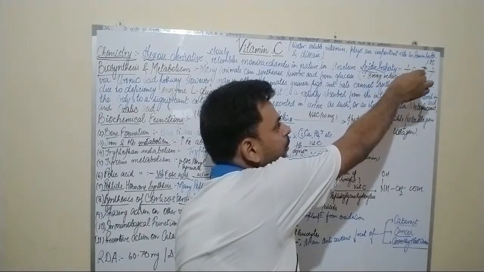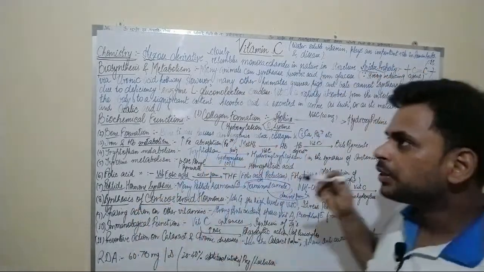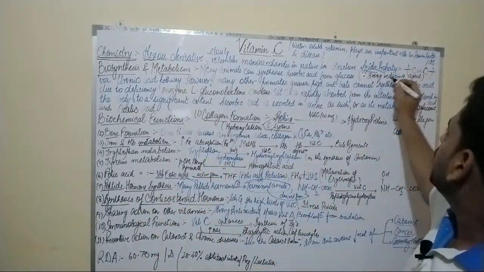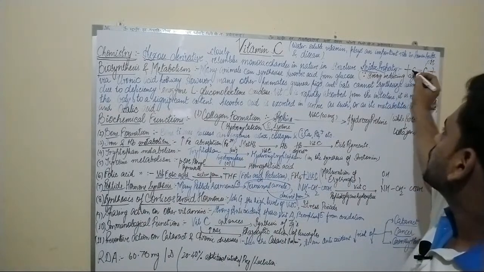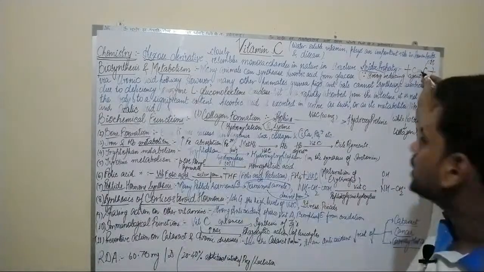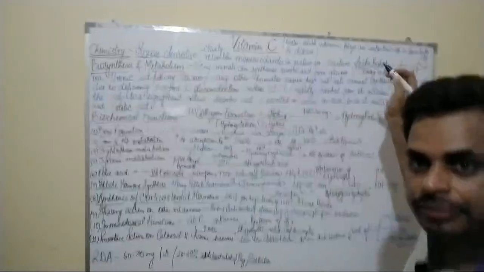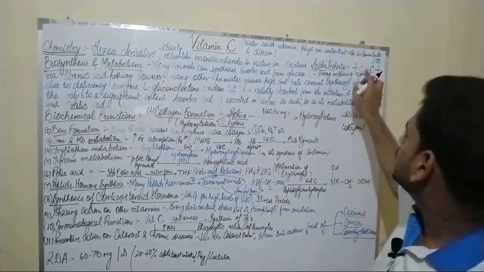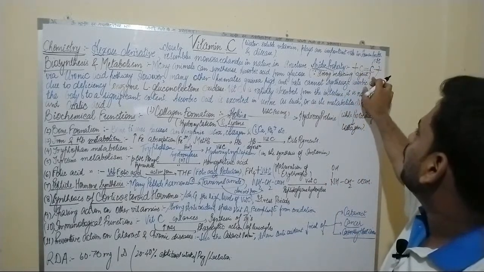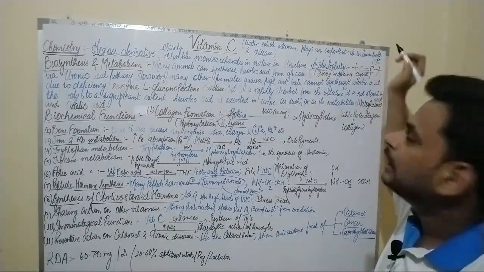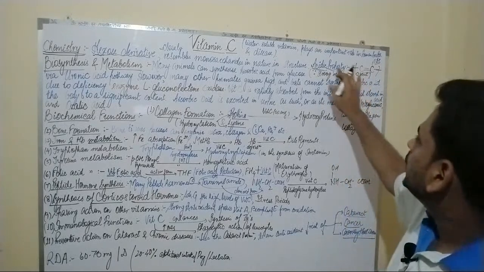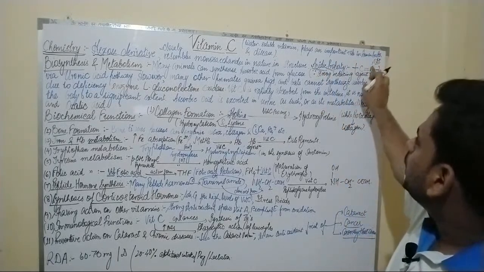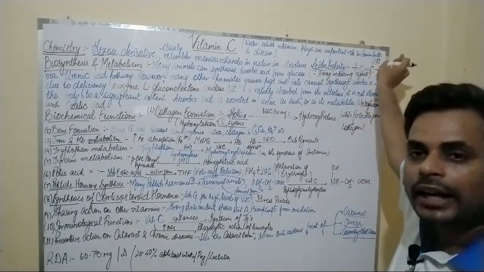It is due to the presence of the enolic hydroxyl group. Between the carbon-carbon atoms there is a double bond, as you can see over here, and this carbon-carbon is containing a double bond along with the hydroxyl terminal attached to it. So this is actually the enolic hydroxyl group.